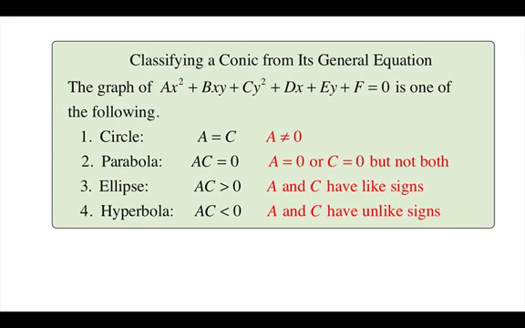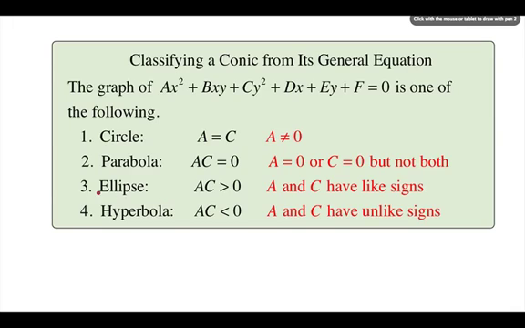Classifying a conic from its general equation: the graph of ax squared plus bxy, and you can continue reading all the way to x equals 0, is one of the following. It is a circle when A is equal to C. It's a parabola when the product of AC is 0, meaning either one is 0, but not both.